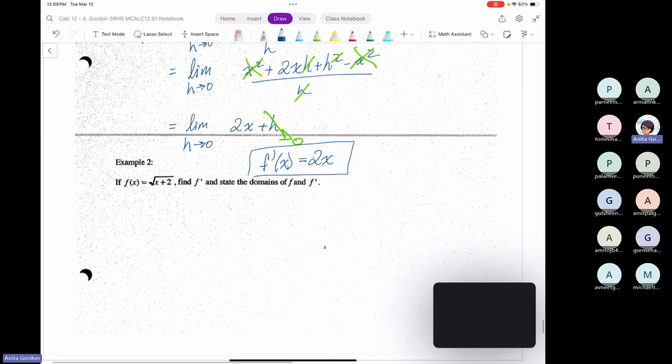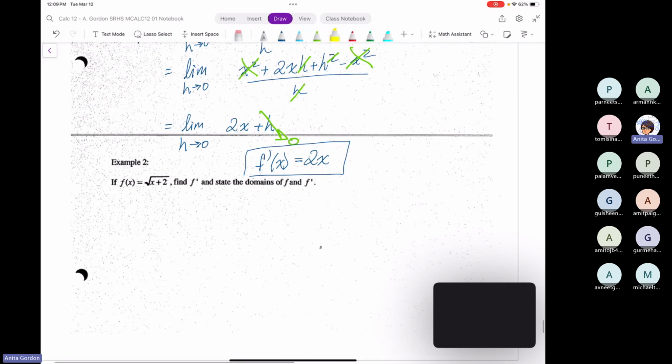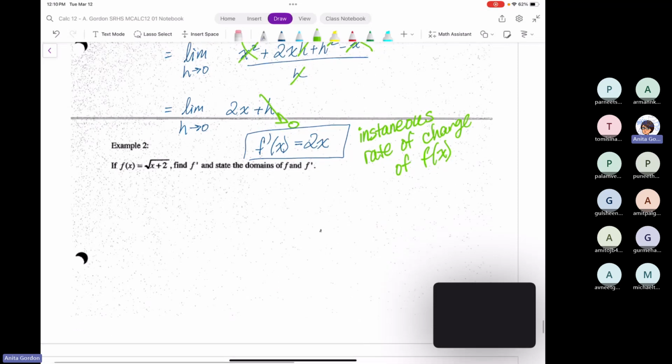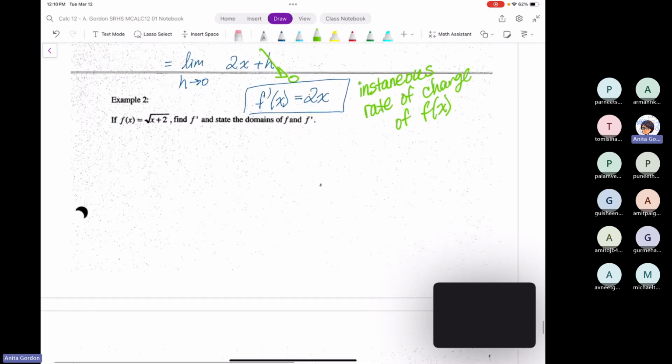So this is a derivative function, the instantaneous rate of change of f of x, the original function. I can put in any x value, and then you will be able to know what is the slope of the tangent at that point.